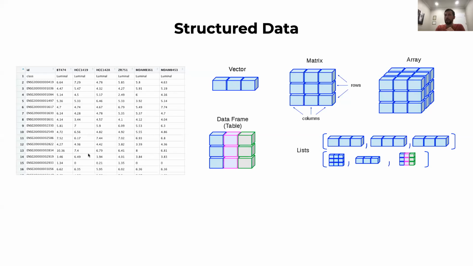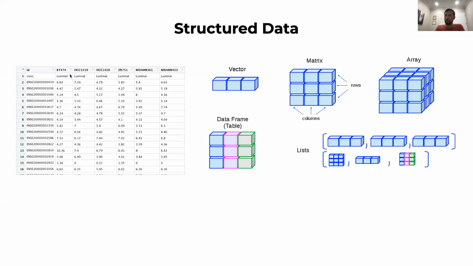So if you look at this table right here, who can tell me where is a factor? Where could I create a factor for this matrix right here? Okay, excellent. Thank you, Vaishu.